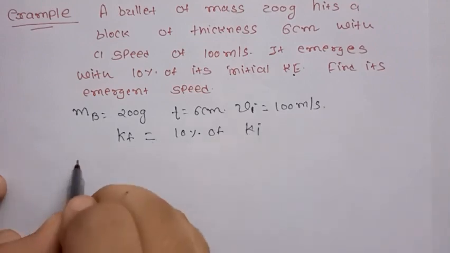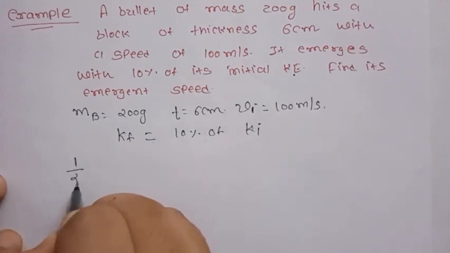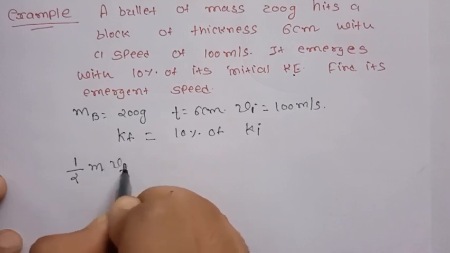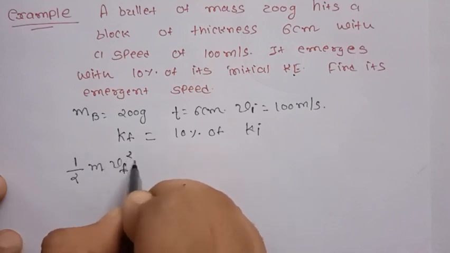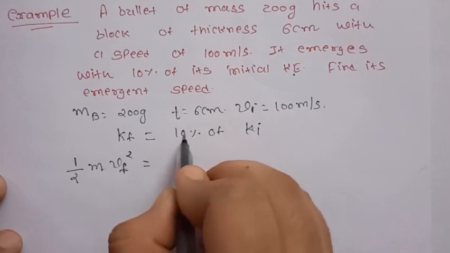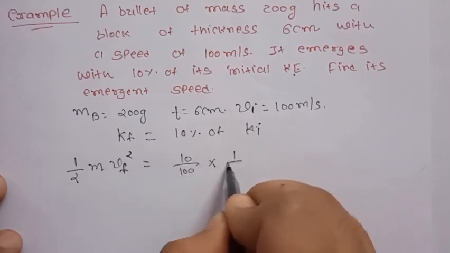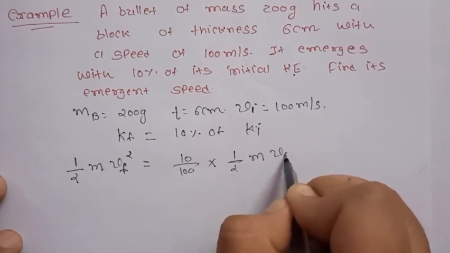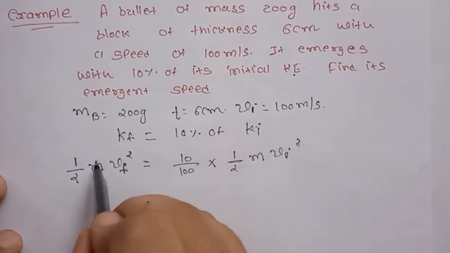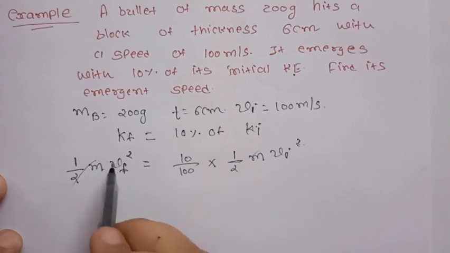Final kinetic energy will be half m Vf square, where Vf is the final velocity. So half m Vf square is equal to 10 by 100 into the initial kinetic energy, which is half m Vi square. Thus half m will get cancelled out. We want to find the final speed.